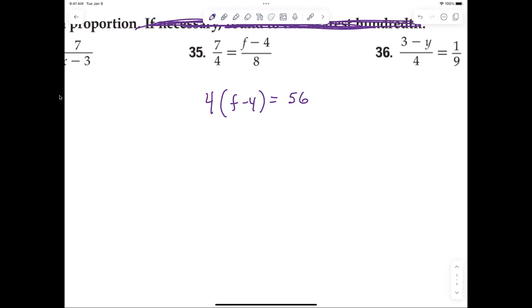No, because 4 can go into what? So F minus 4 equals 4 goes into 56 14 times. There you have it. So F is equal to what? 18. That's not hard, guys. Right? Everybody agree that's not hard?